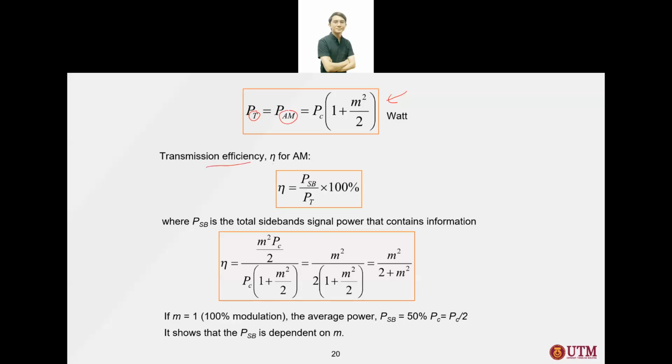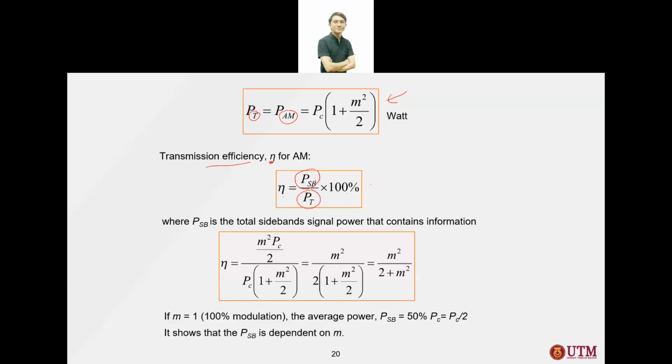So the transmission efficiency, it's not N, it's eta. Eta equals the power of the sideband over the total power. It's not the power of the carrier, because the one that has information is only the sideband, not the carrier.